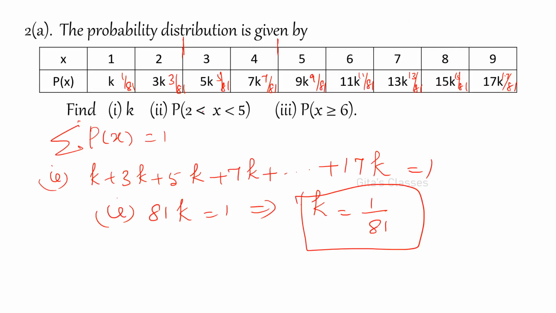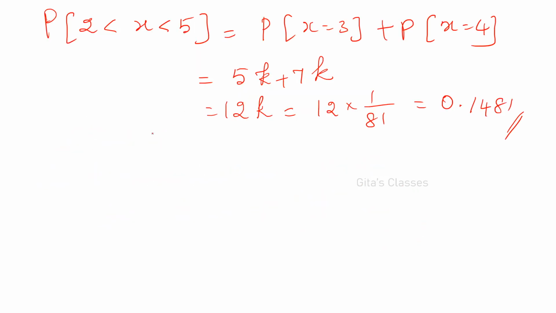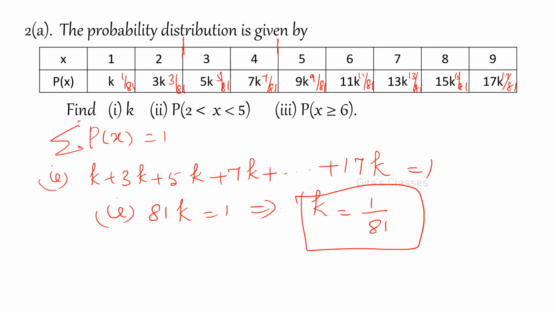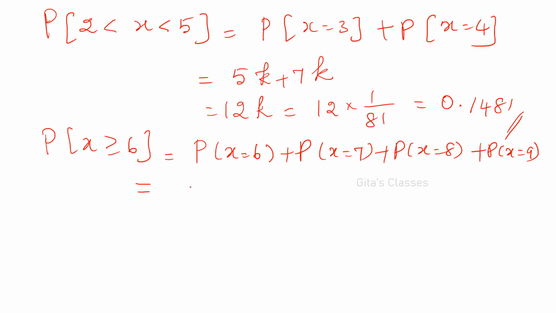Then what is the next one? Probability that x is greater than or equal to 6. Greater than or equal to 6 means what? P of x equal to 6 plus P of x equal to 7 plus P of x equal to 8 plus P of x equal to 9. 6, 7, 8, 9, that is 11, 13, 15, 17.